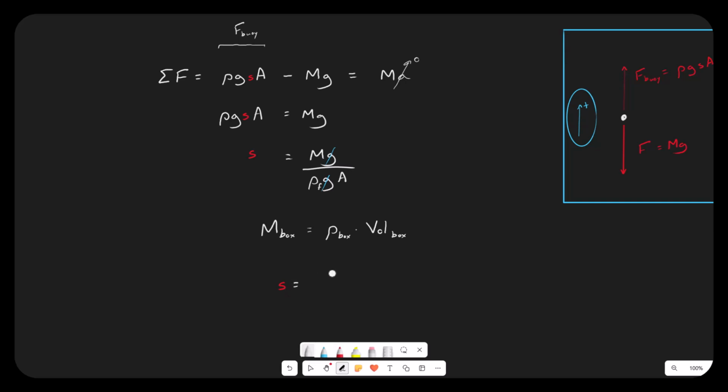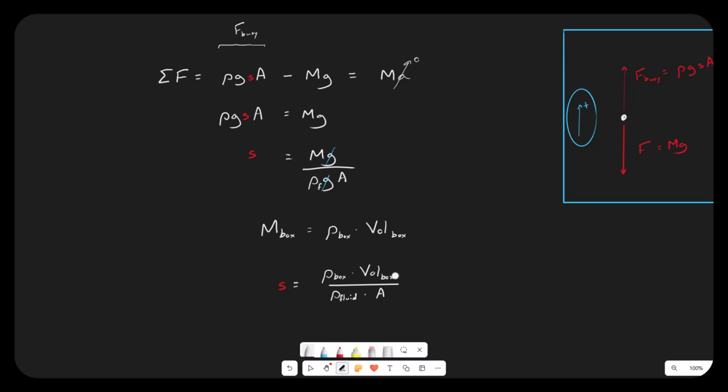So I'm going to write that S as being density of the box times volume of the box divided by density of the fluid times area. I'm going to do just a little bit more.